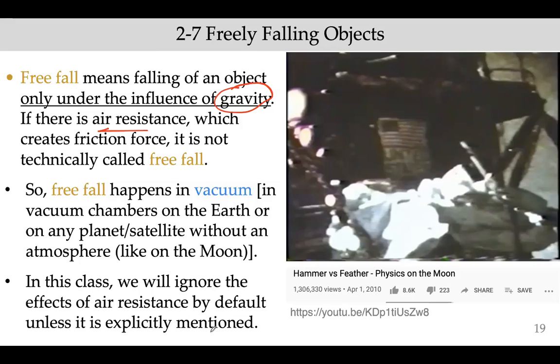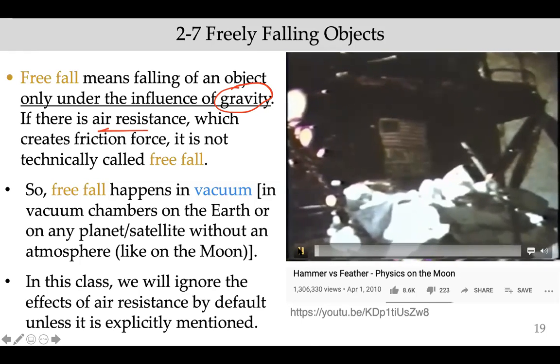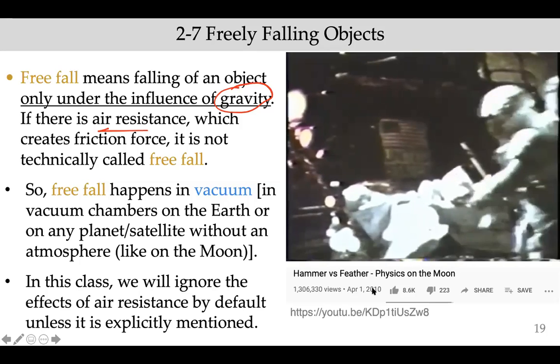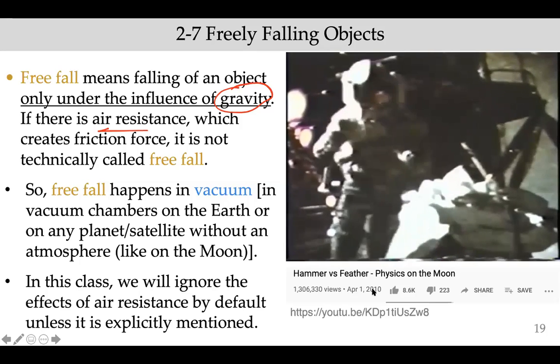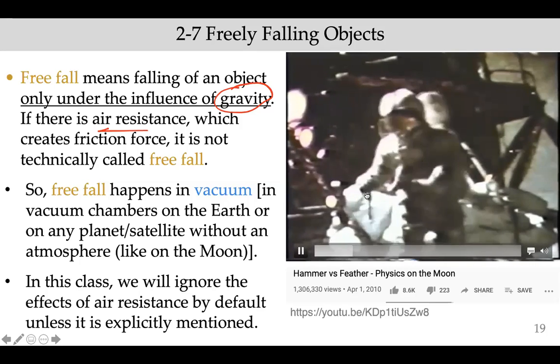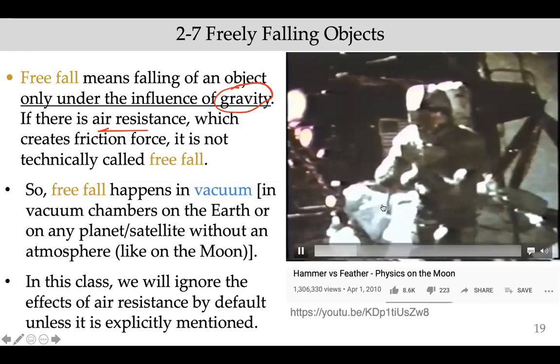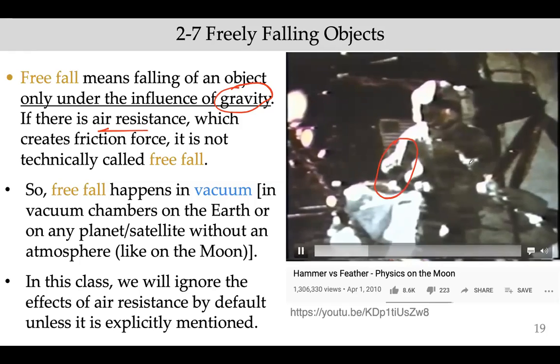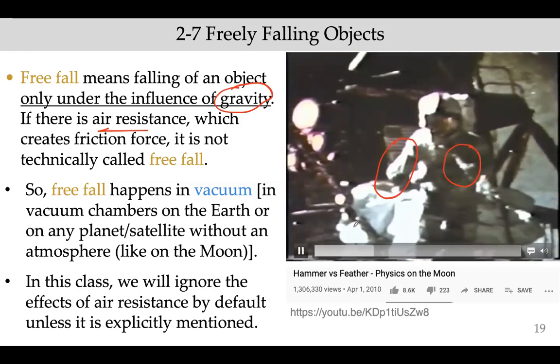Let me show you this video. This is actually an astronaut on the moon. What they are doing is dropping a hammer and a feather. If you do this experiment on the Earth, you can see that this is the hammer, and there is a feather here.